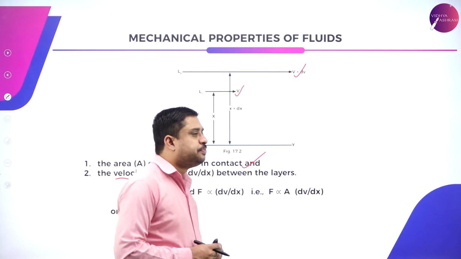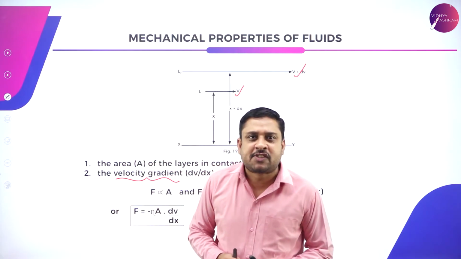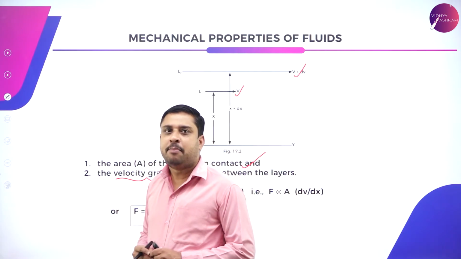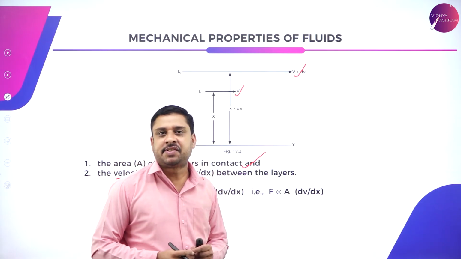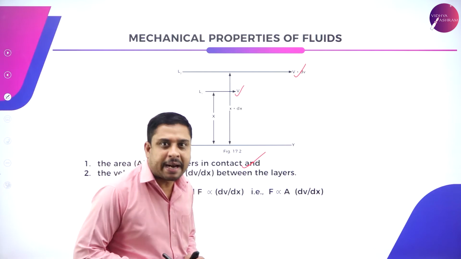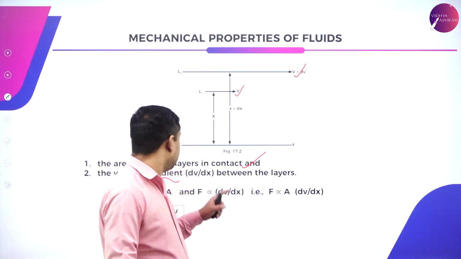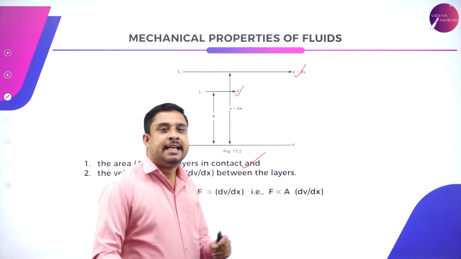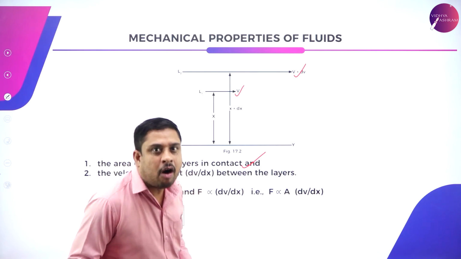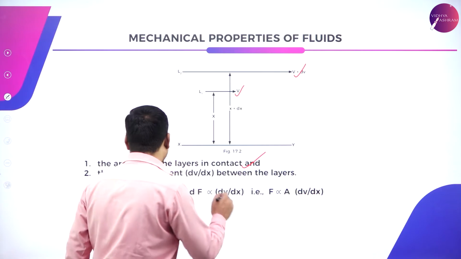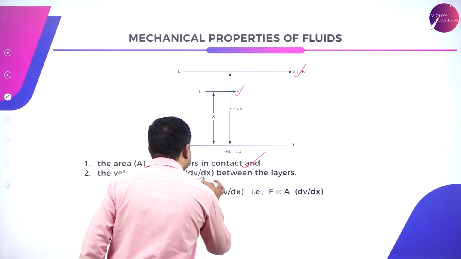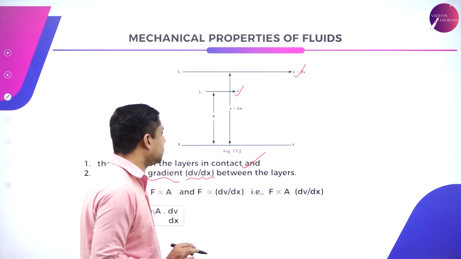So we say the viscous force depends upon two factors, two parameters. The first one is the area of the layers in contact, and then velocity gradient.